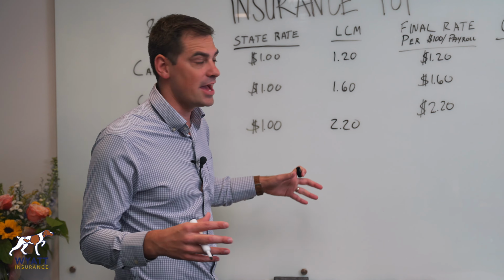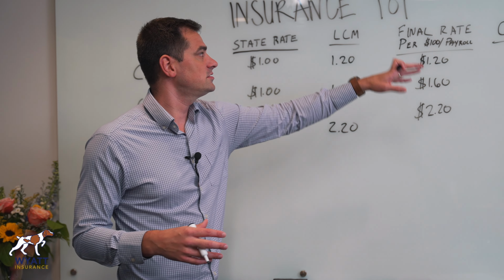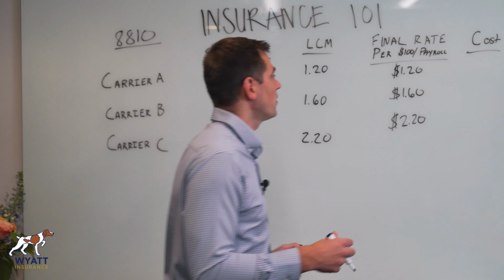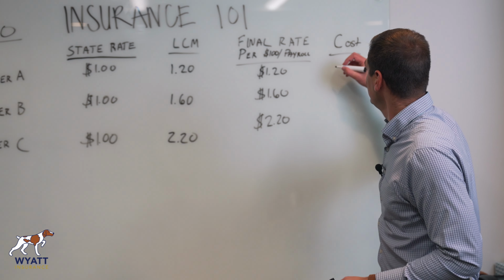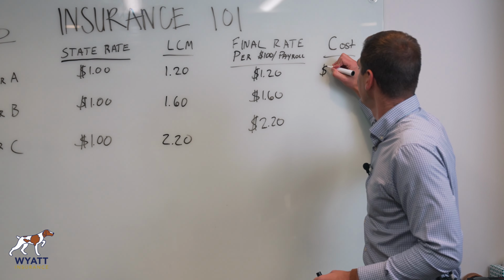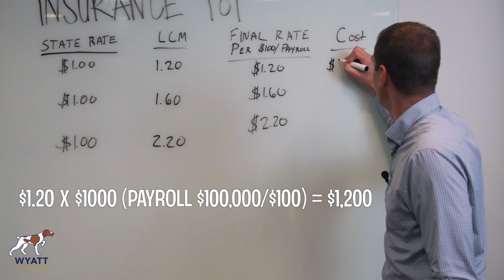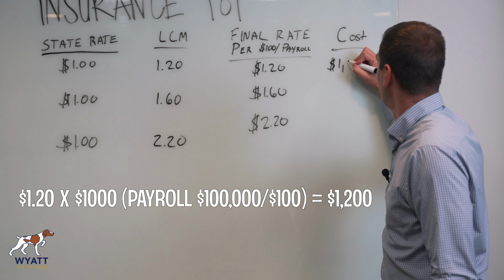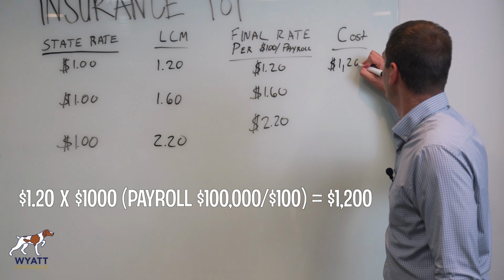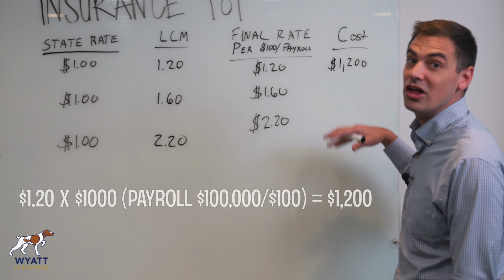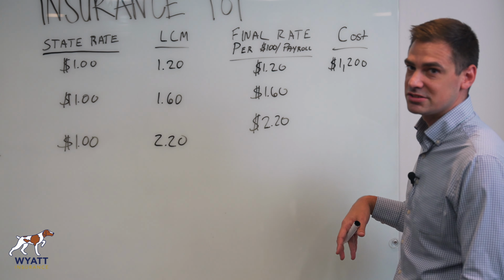So how does that play out, right? Let's say this company had $100,000 of payroll. Well, what's that cost to them going to be? For carrier A, for a company that has 8810 with $100,000 of payroll, they're going to be paying $1,200 for their work comp base rate, right? This is before you get all the discounts, before your mod experience number, all that stuff.